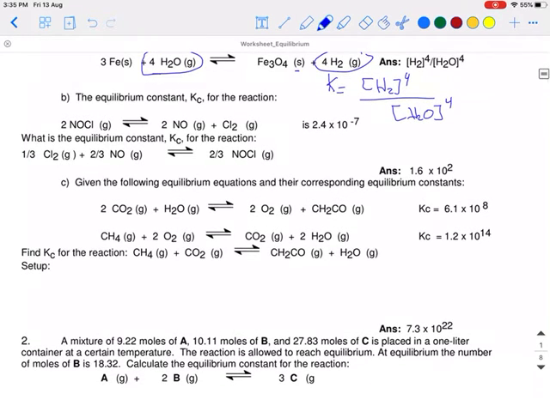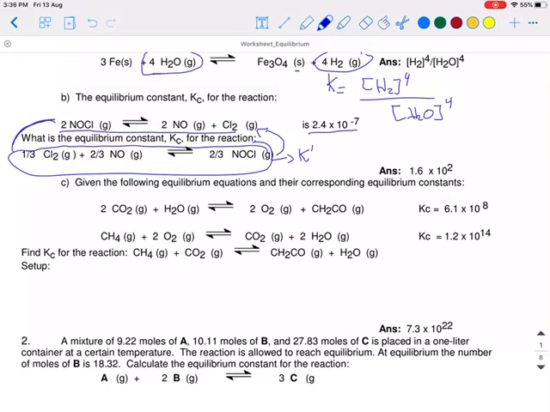Part B, the equilibrium constant for the reaction. I have this reaction, 2NOCl gas to produce 2NO gas plus Cl2, and K is given to me. What is the equilibrium constant Kc for this reaction? The relation between this reaction and the given reaction is that this one is the opposite of the given one and divided by 3. When I want to relate the opposite and divided by 3, first of all, I will assume this is K prime.